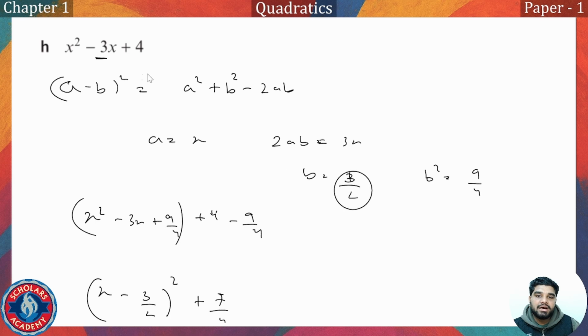So b will be half of the coefficient of x, because the complete term is 2 times a times b. A is the x term, so the remaining part is 2b. A is the x term unless we change something over here.